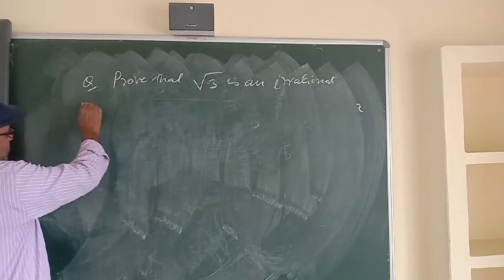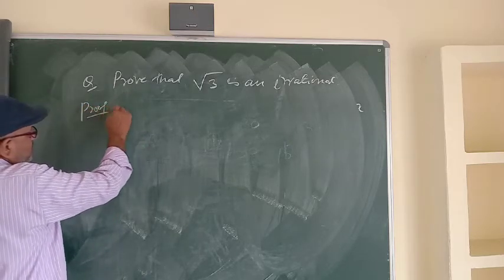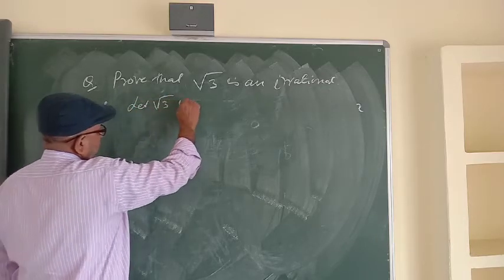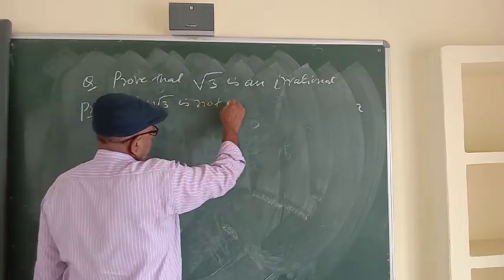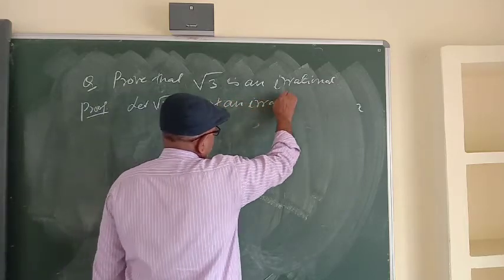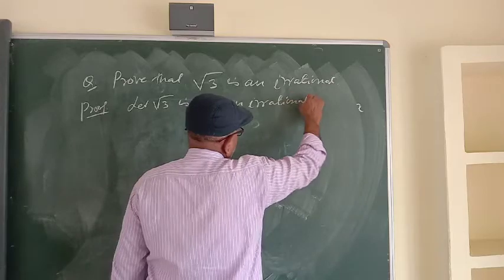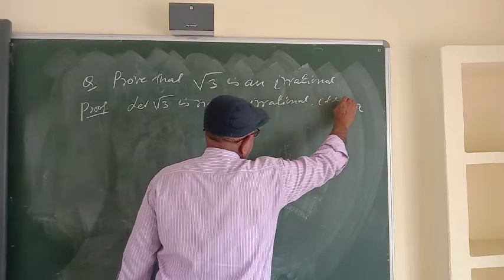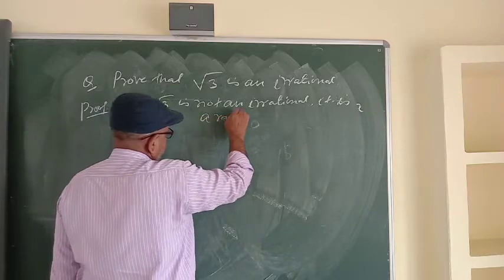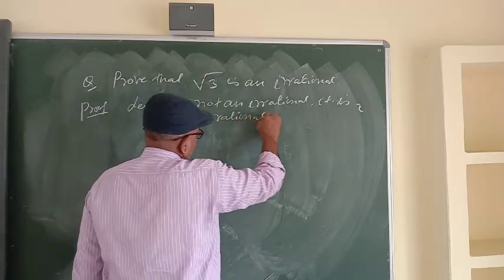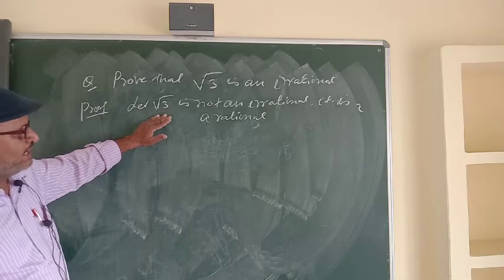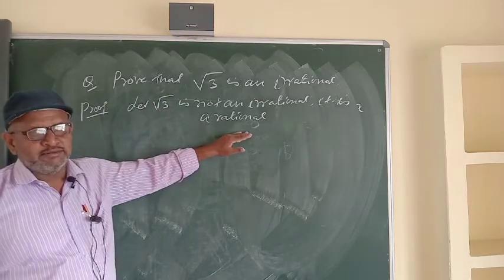So how can we prove it? Firstly we will suppose that root 3 is not an irrational number, it is a rational number.